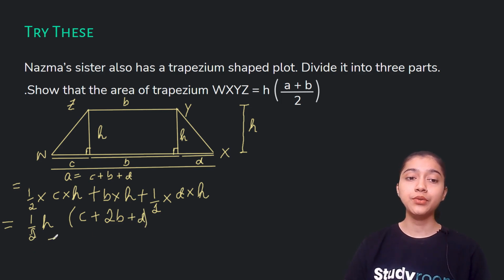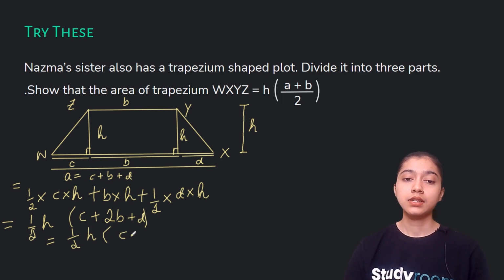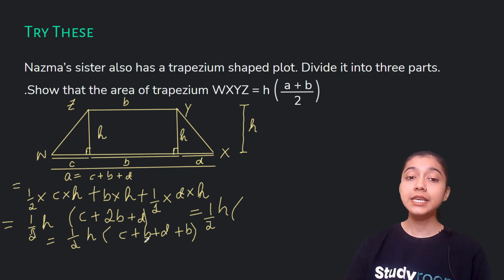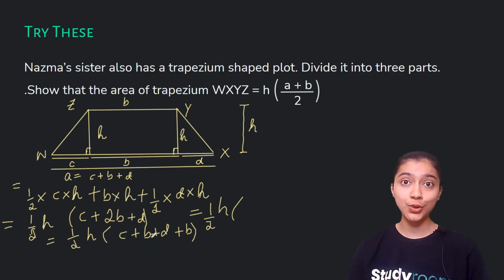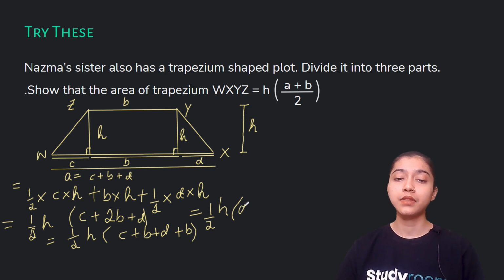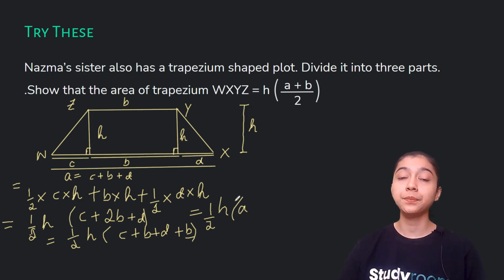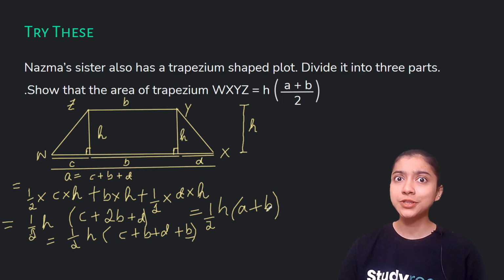Now this can further be written as half H (C plus B plus D plus B), which ultimately gives us half into H. Now just observe over here, C plus B plus D is equal to A, as it is mentioned in the figure, that C plus D plus B gives us A. So I'll write A, and then we are again left with a B. So I'll write A plus B. I think we met the proof requirement.